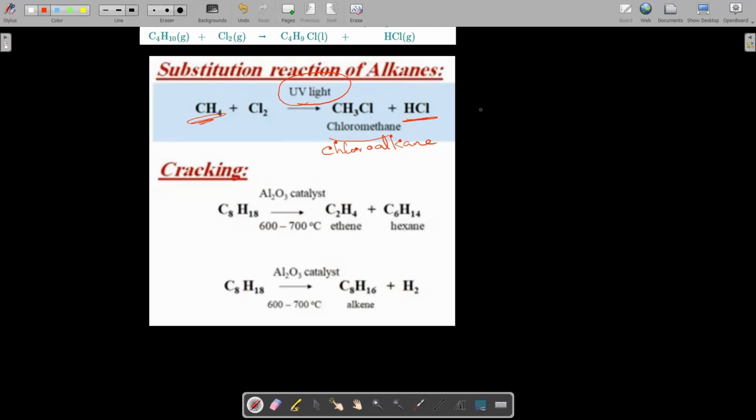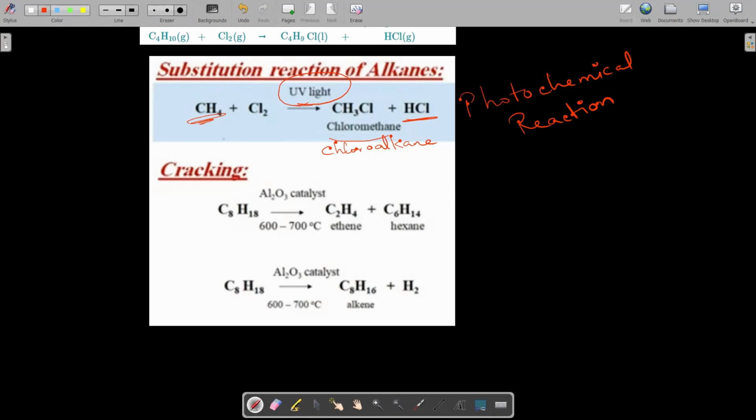It is called a photochemical reaction. I hope it's not confusing. There are conditions for reactions to start off. First of all, you need some activation energy for a reaction to start off. So that activation energy is UV light.